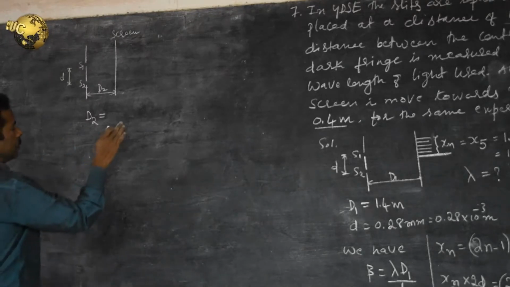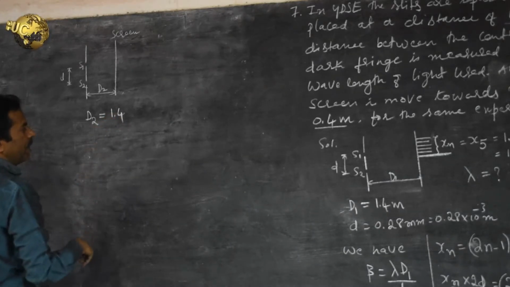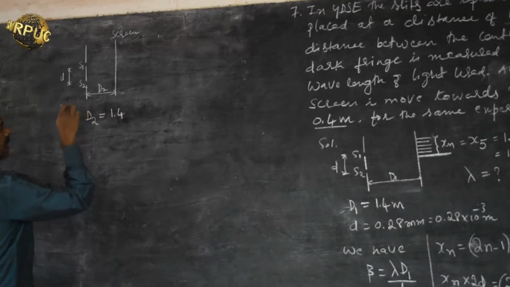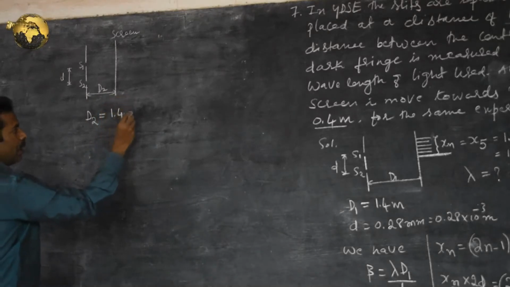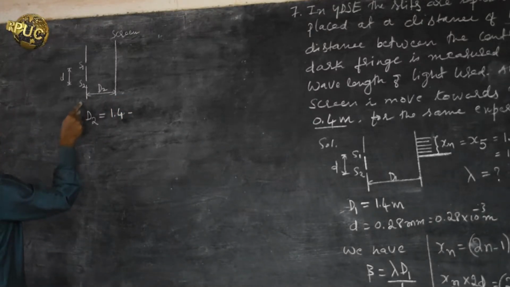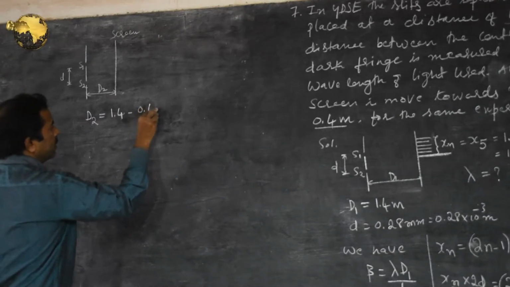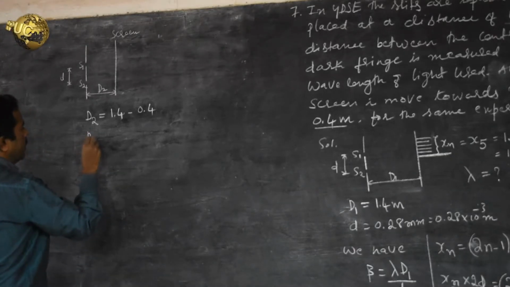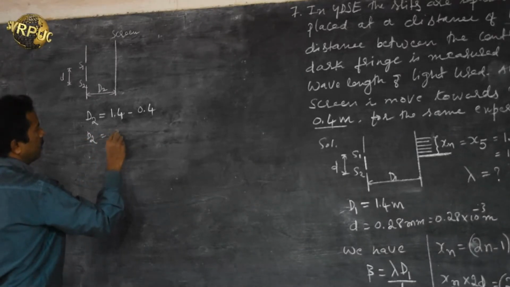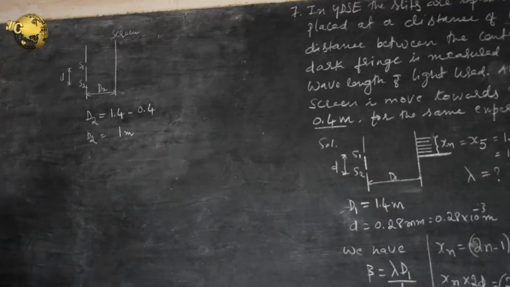So D2 is equal to 1.4, the previous distance between the slits and the screen, minus 0.4, since the screen is moved towards the slits by 0.4 meter. So D2 is equal to 1 meter.